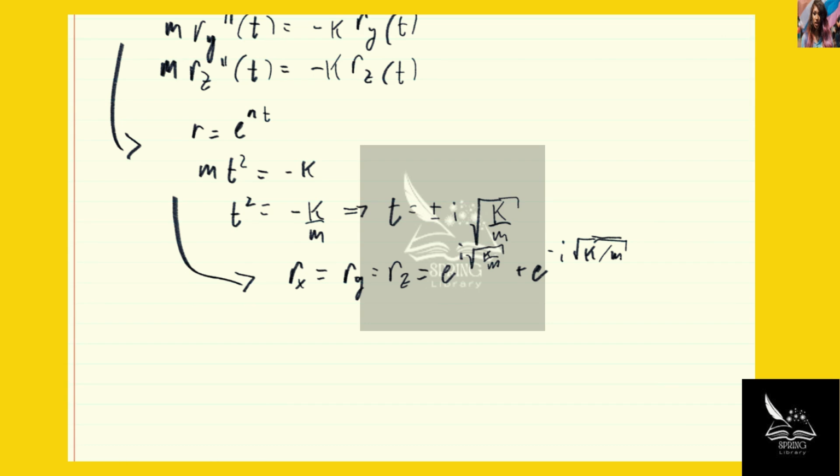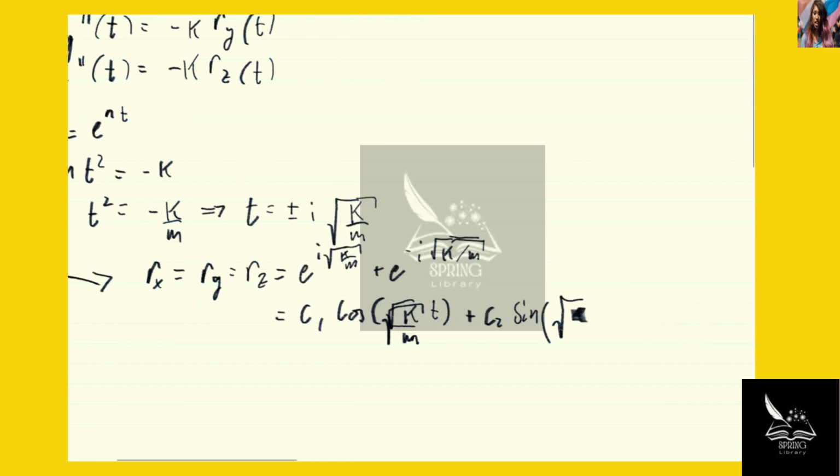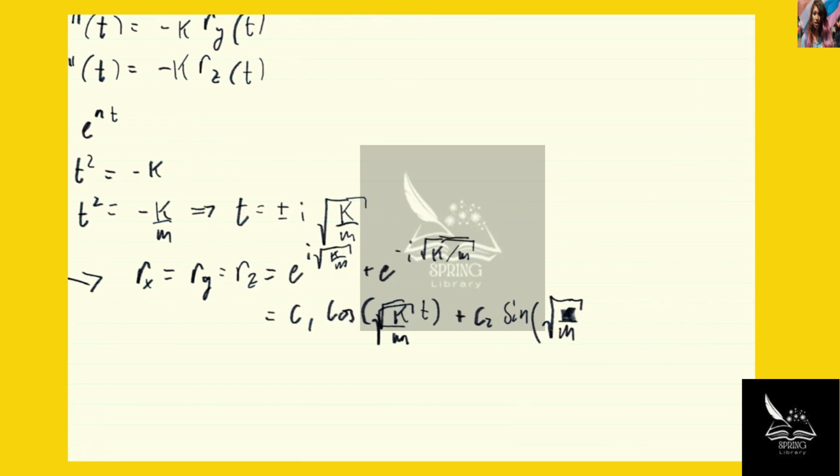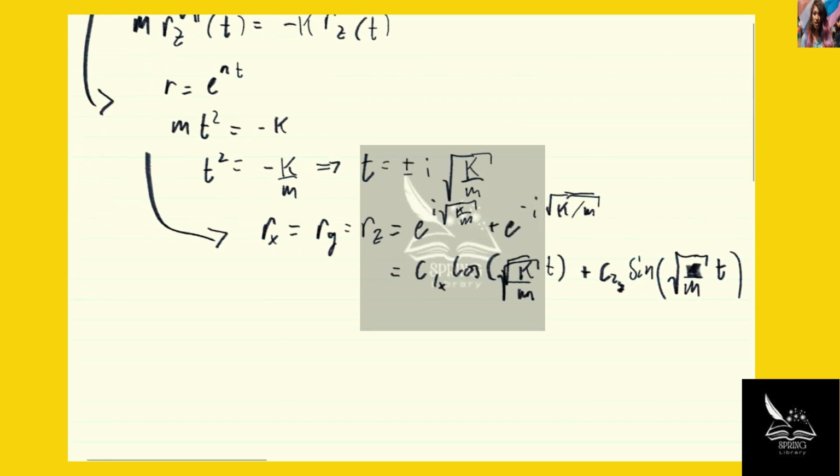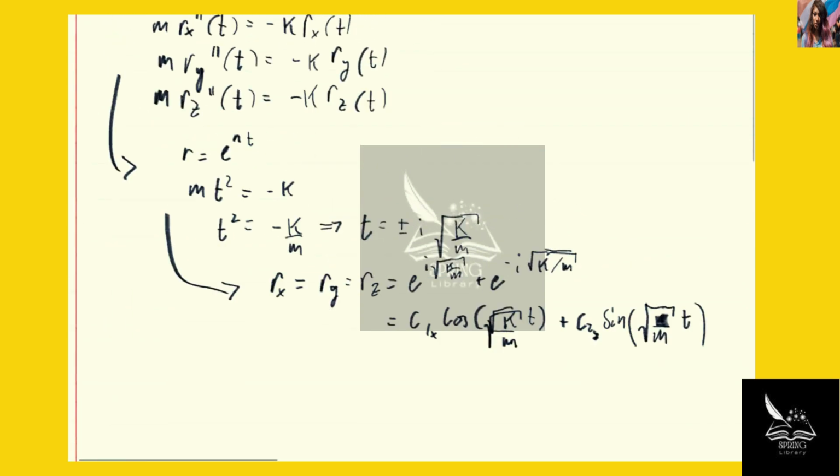Specifically, we'll have that rx, ry, and rz will equal c1 times cos of root k over m t, plus c2 sine of root k over m t. But we'll note that we have different parameters for each one of those differential equations.